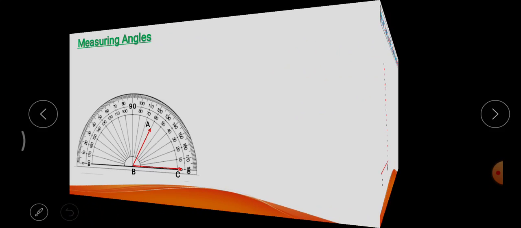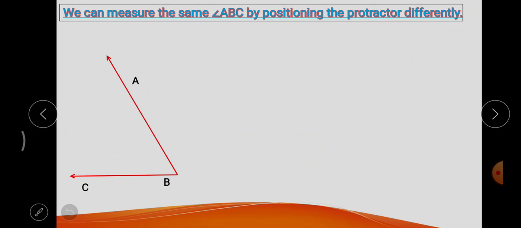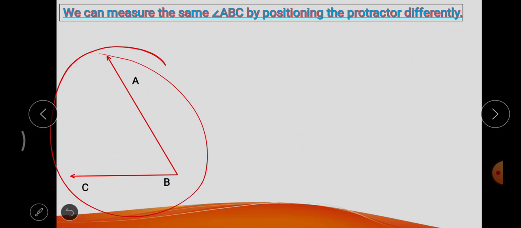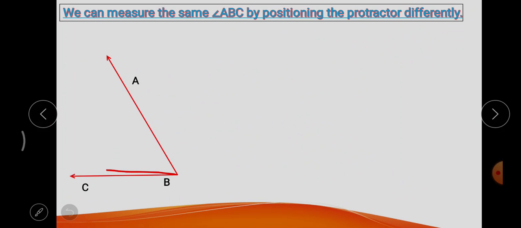Now one more thing to remember, that we can measure the same angle ABC by positioning the protractor differently. Okay, in the previous slide what you have seen, my arm was lying in the right direction. Now see this angle ABC, and my BC arm is lying in the left direction. So now I will place the protractor and show you that even though the angle side is different, you can position the protractor according to you, it doesn't change the measure.